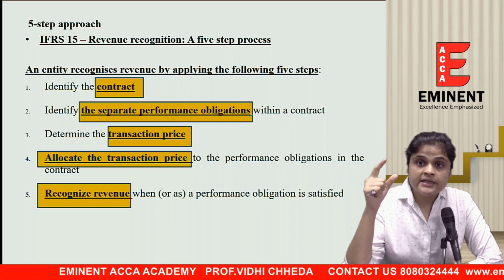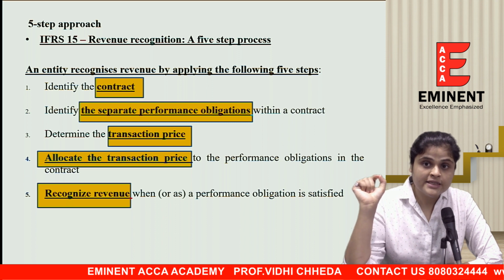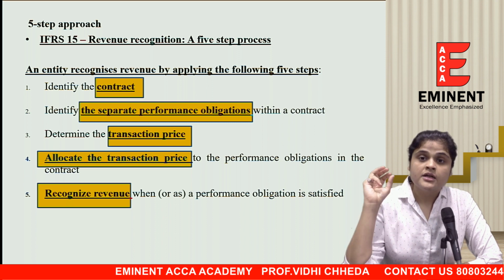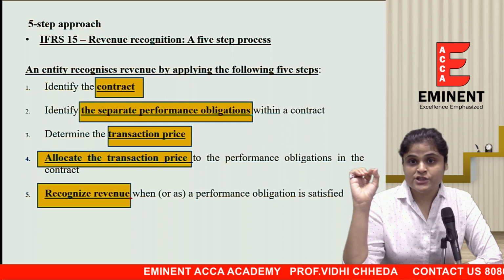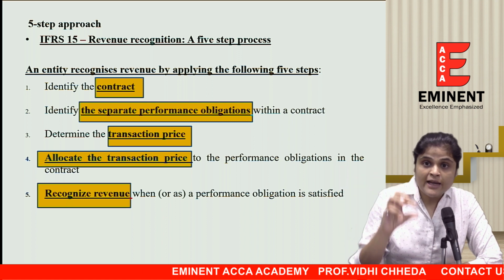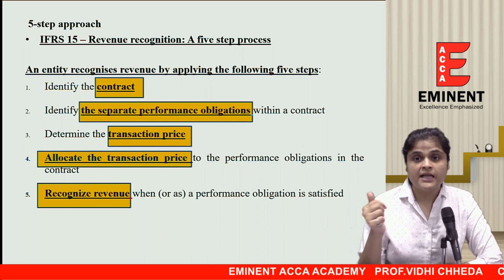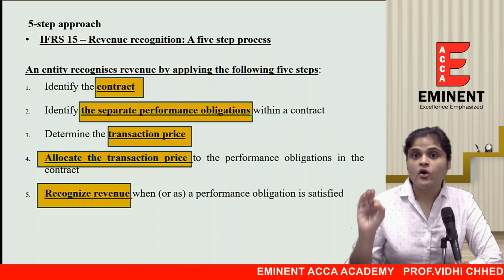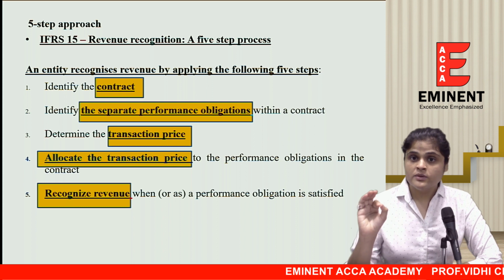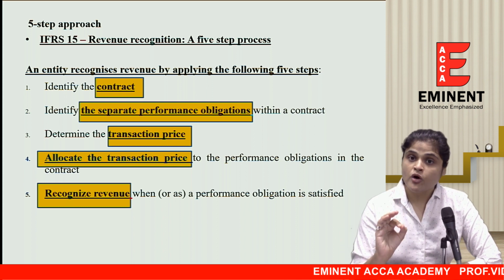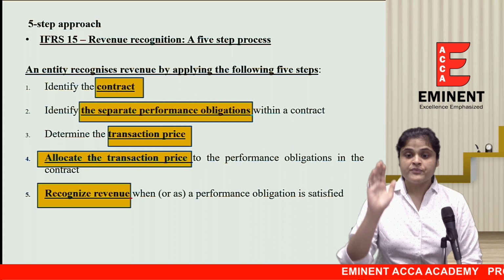Second step, to identify the performance obligation. Third step, to find out the transaction price. Fourth, allocate the transaction price to the bundle of goods and services, if any. And the last one, when to record revenue. The revenue will be recorded only when the performance obligation is satisfied.